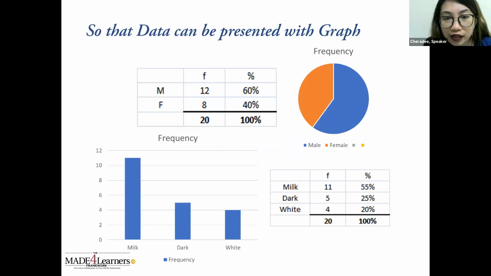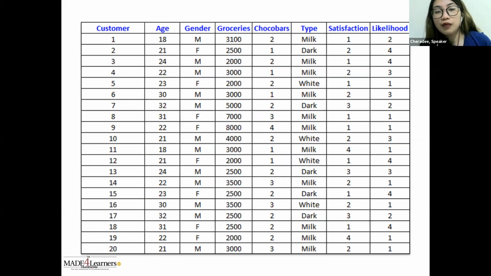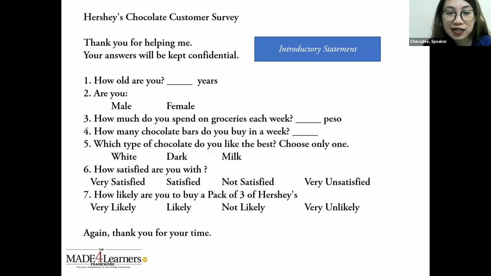If we could have the Excel on the satisfaction level, let's say the average here is 2.5. So if it's 2.5, that means 2.5 is in between 2 and 3, so meaning in between satisfied and not satisfied.